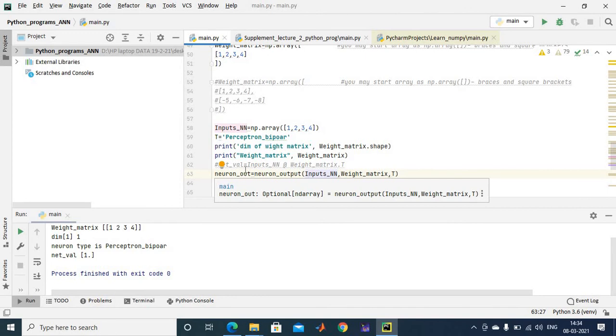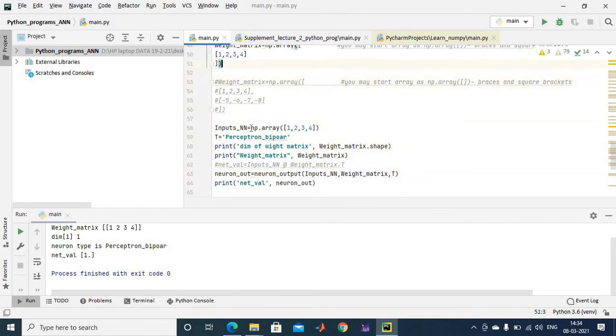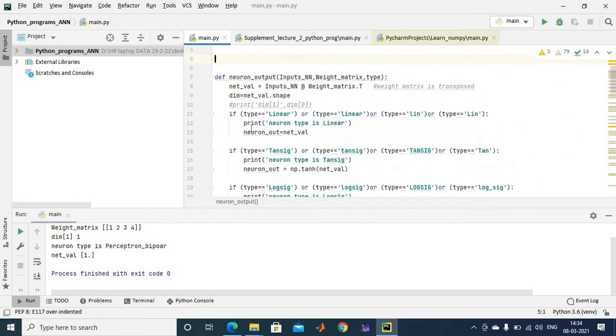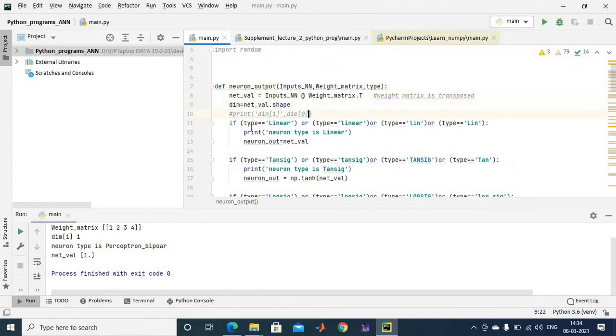Now let us see how the neuron output is implemented, given the values of input and the weight matrix. It is implemented as a function. You take as input nn input, weight matrix and type of neuron. First I calculate, using the input and the weight matrix, the net values. The net value is simply the multiplication of the inputs and the weight matrix.